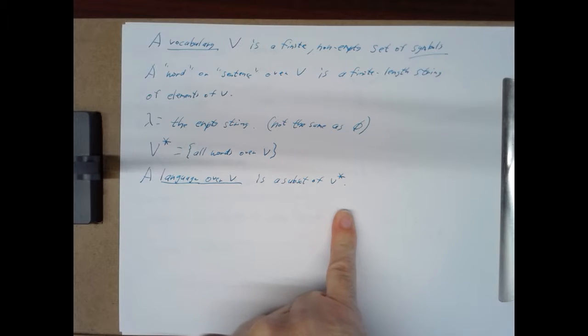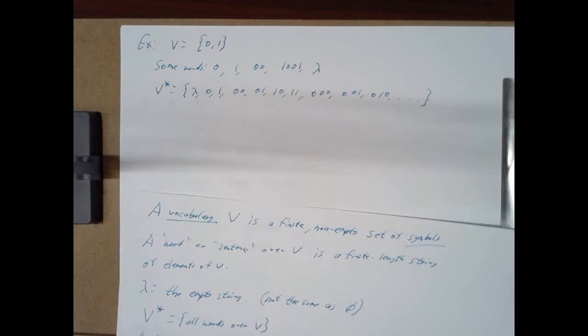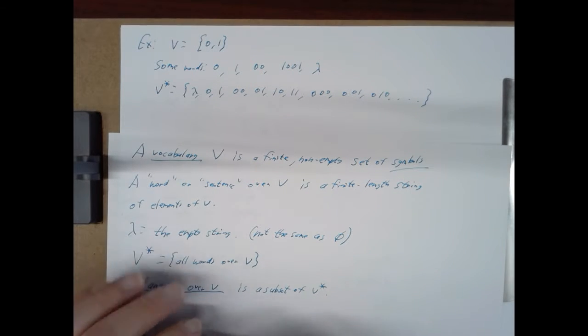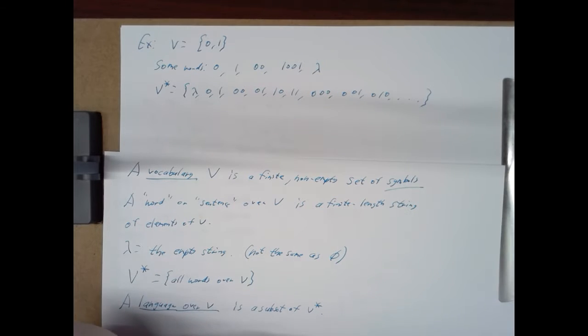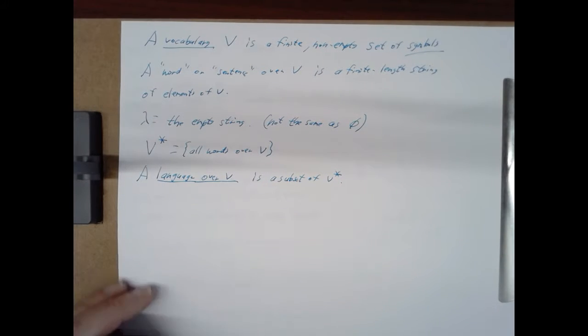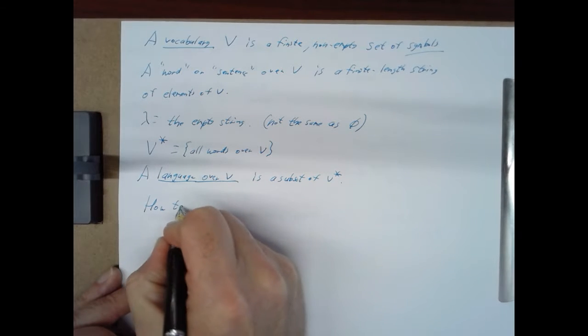The ones that we consider to be part of the language. In the case of our vocabulary of zeros and ones, our language might be all the 8-bit strings with an even number of zeros, or whatever. So how do we specify a language?